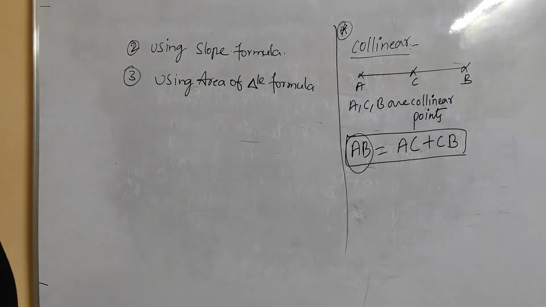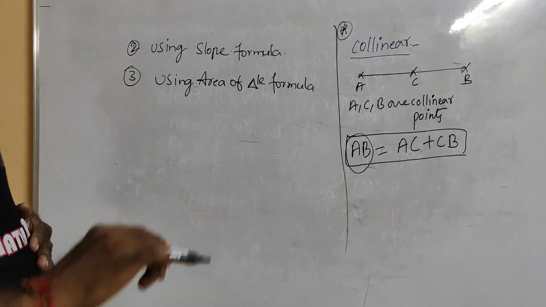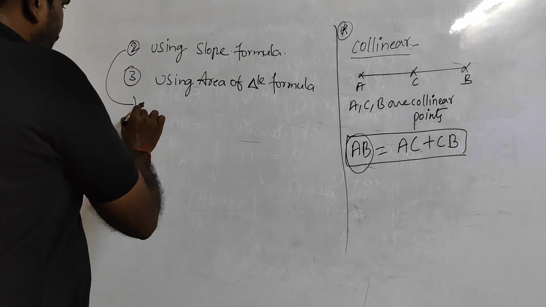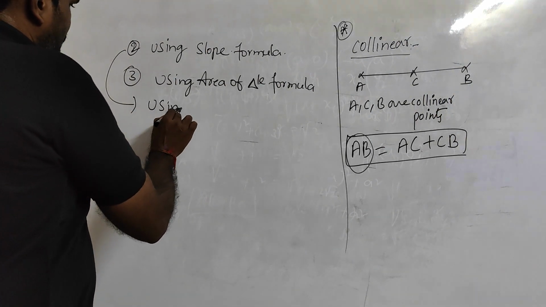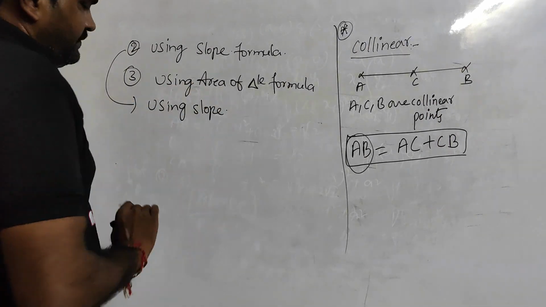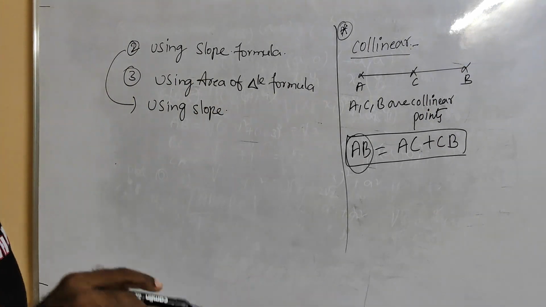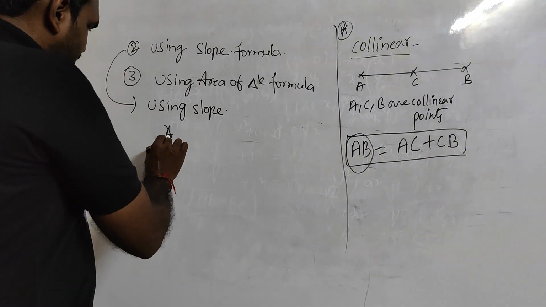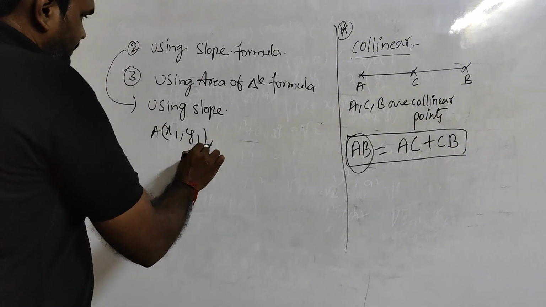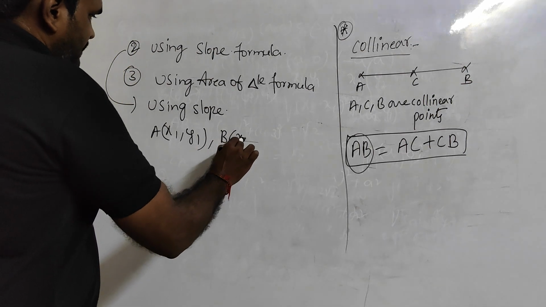Sir, how to do it using slope and using area of triangle? This we will see one by one. First we will see using slope. First you have to learn how to find slope. If 2 points are given, A (x1, y1) and B (x2, y2), what is the formula for the slope of AB?